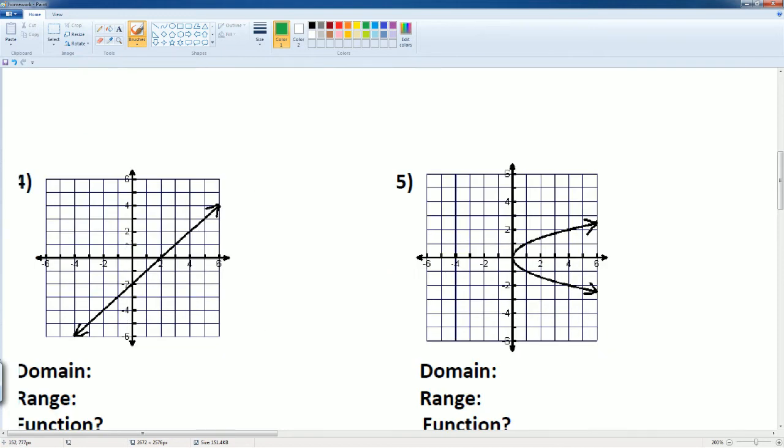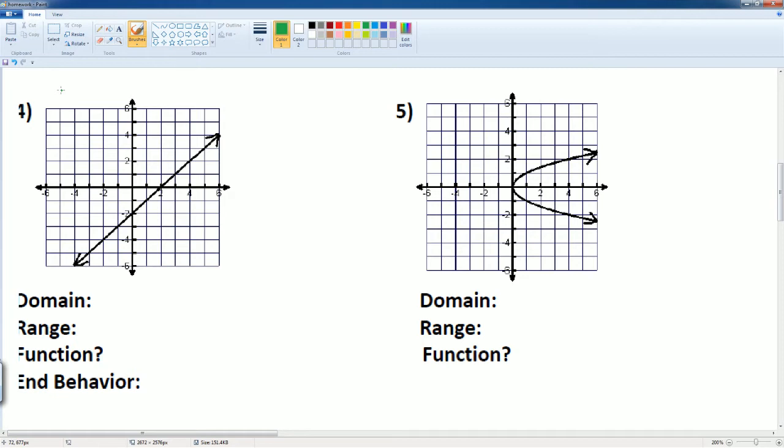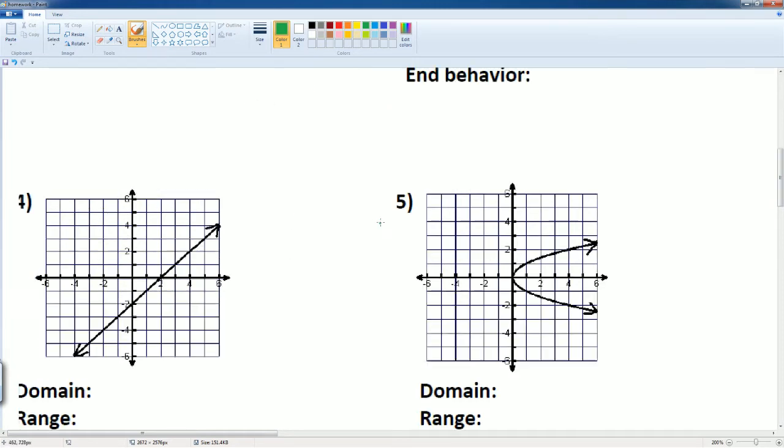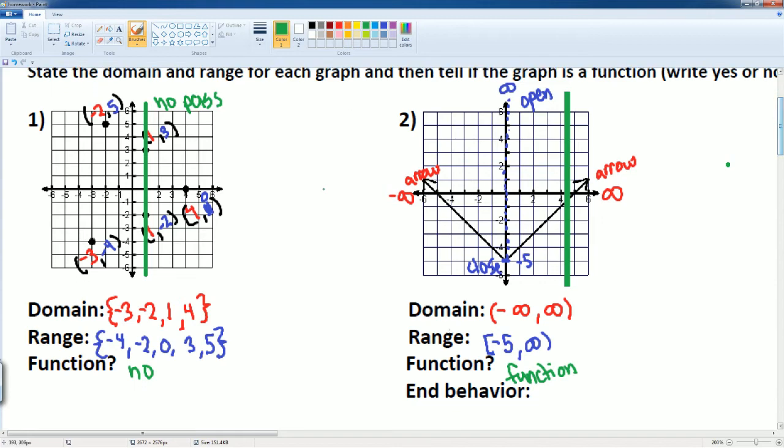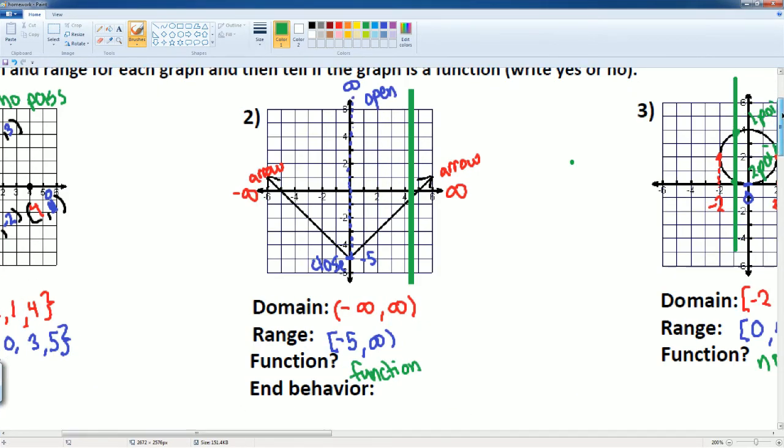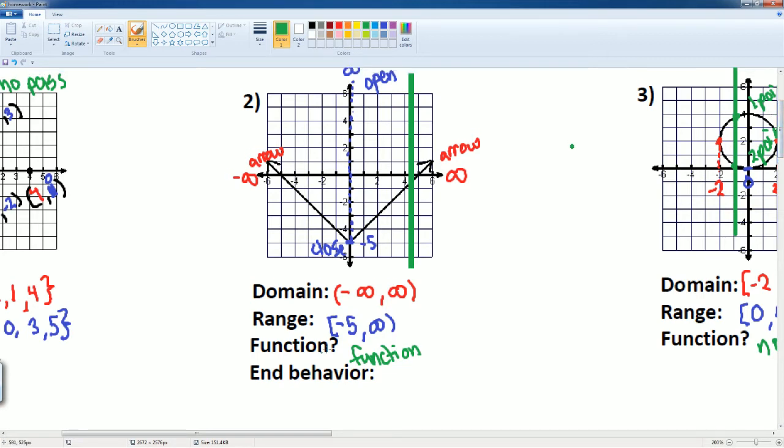So the rest are fairly the same process as before. Oh, shoot. I forgot to give you the end behavior for number 2. I saw that it just asked for the end behavior. The end behavior refers to the direction of the arrows, so you have 2 end behaviors. You have your x goes to -infinity.